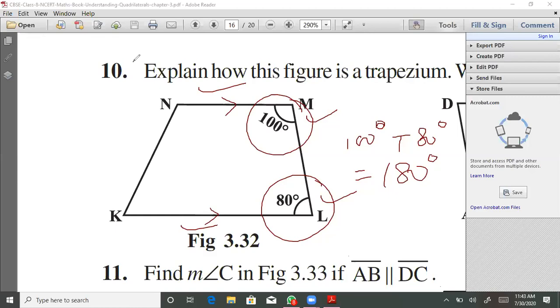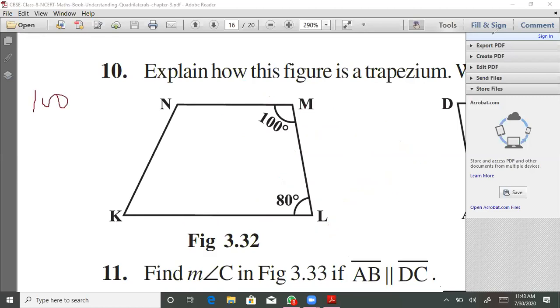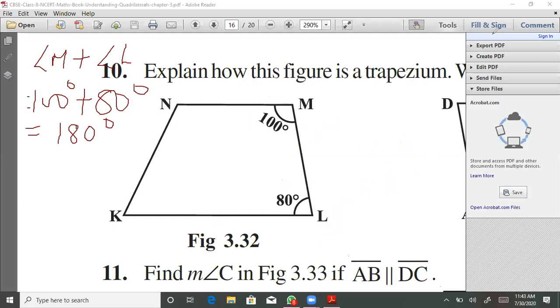Here we can write angle M plus angle L is equal to 100 plus 80 is equal to 180 degrees. So what does it mean?